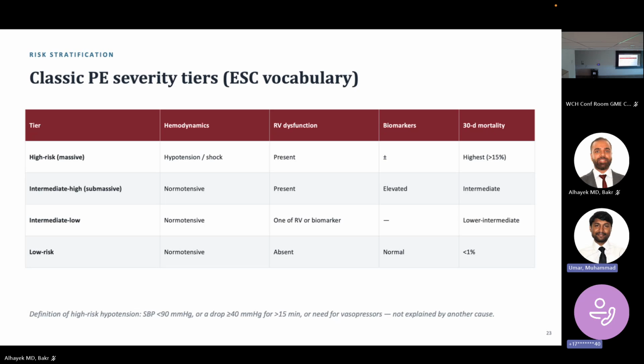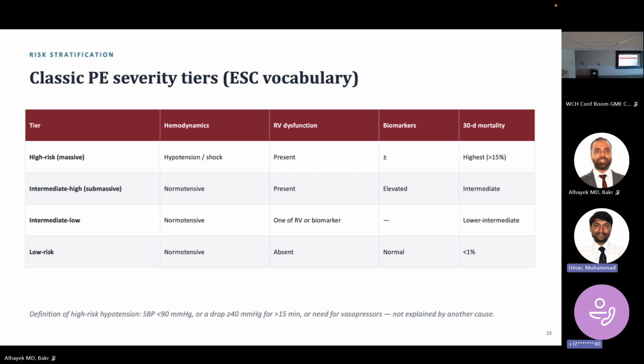They have vocabulary for themselves. By the way, European guidelines are the best in cardiovascular medicine. They're, I think, 5 years ahead of the American guidelines. We're in America, we're just starting to approve what they already approved 5 years ago. So you have the high risk, which is the massive PE, and then you have the submassive PE, and then you have the intermediate low, and then you have the low.